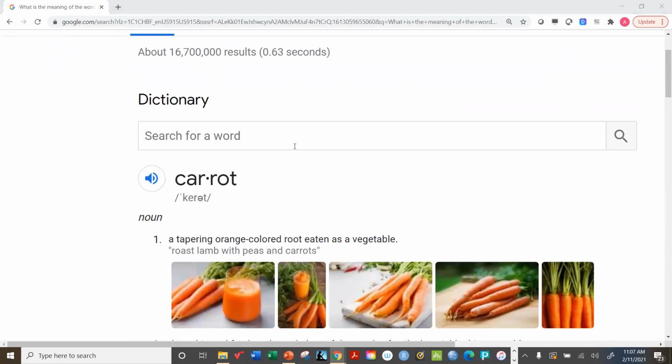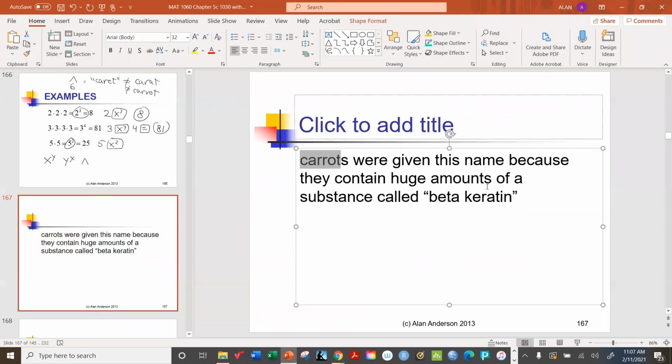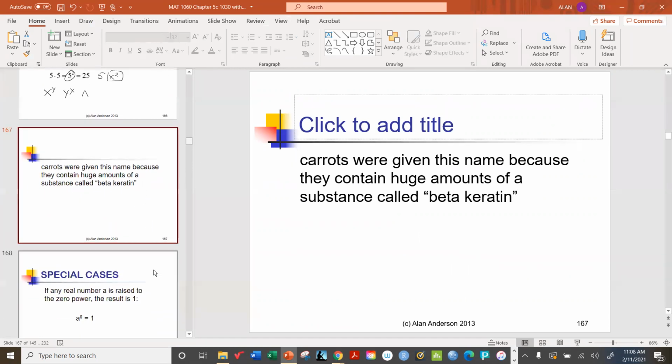Beta carotene is what makes it orange, and it's very useful to human beings. Supposedly it helps with your vision. All right, anyway, enough of that fun stuff.